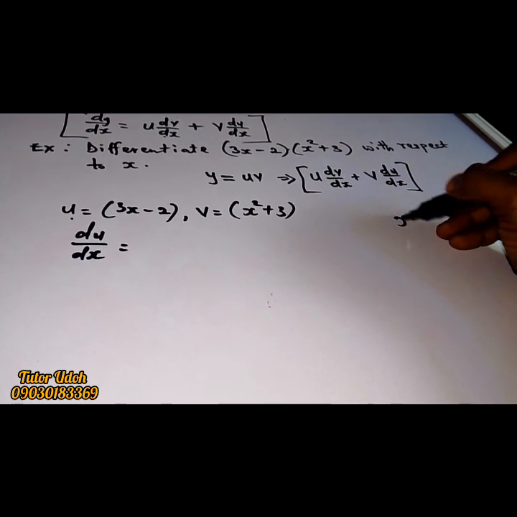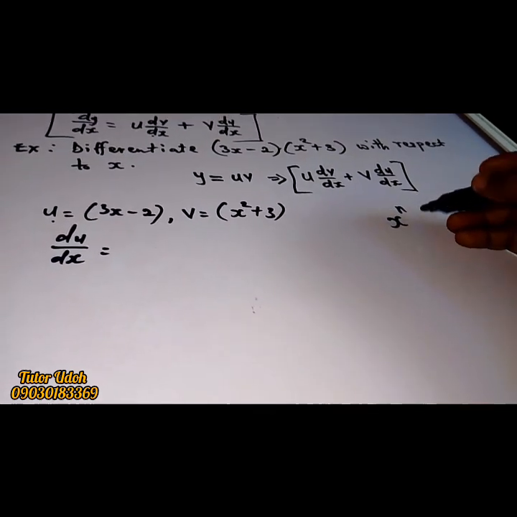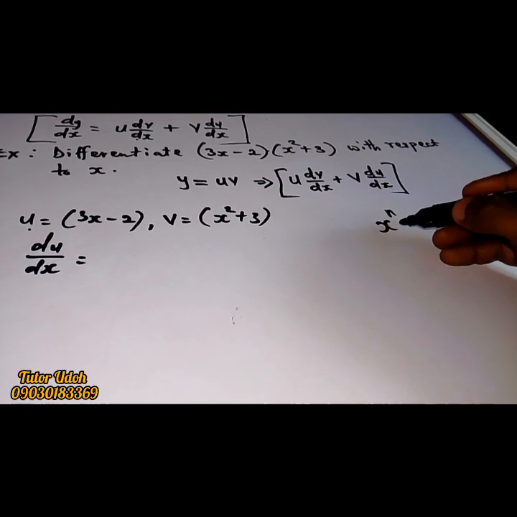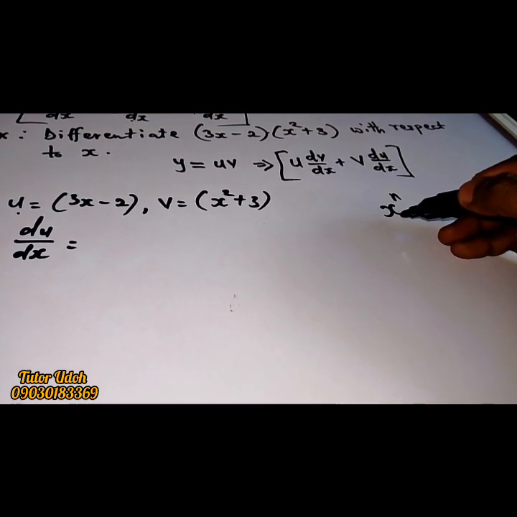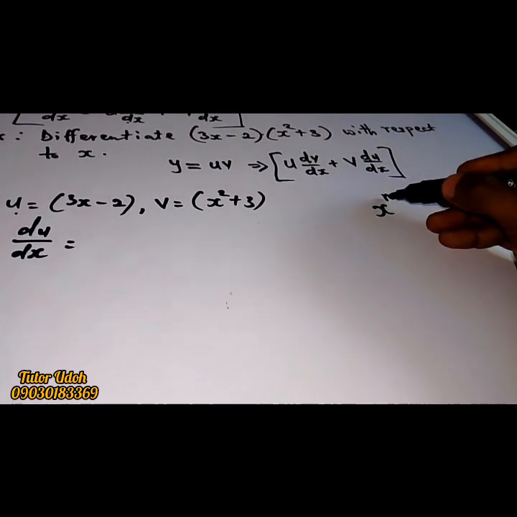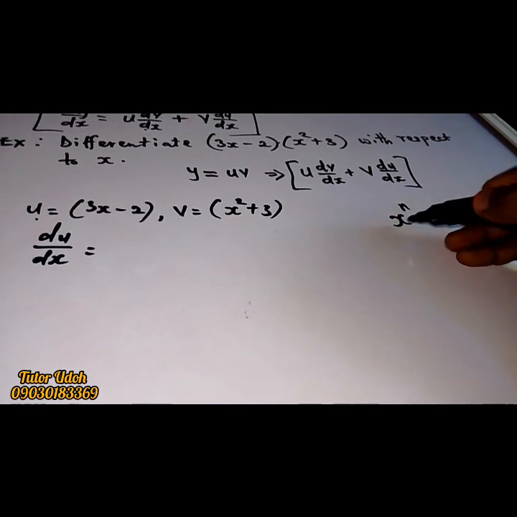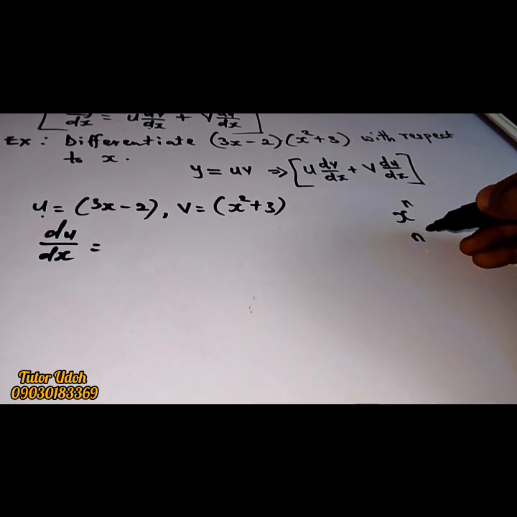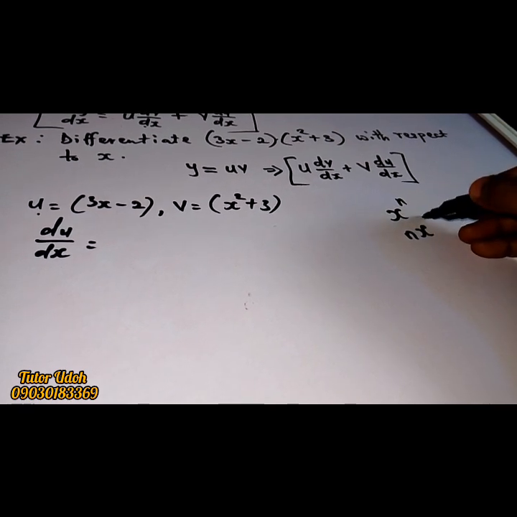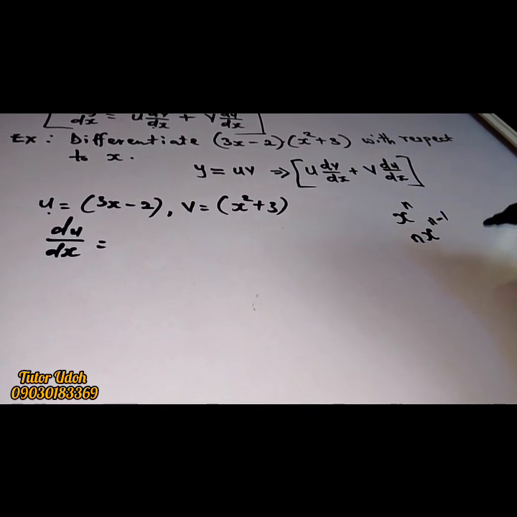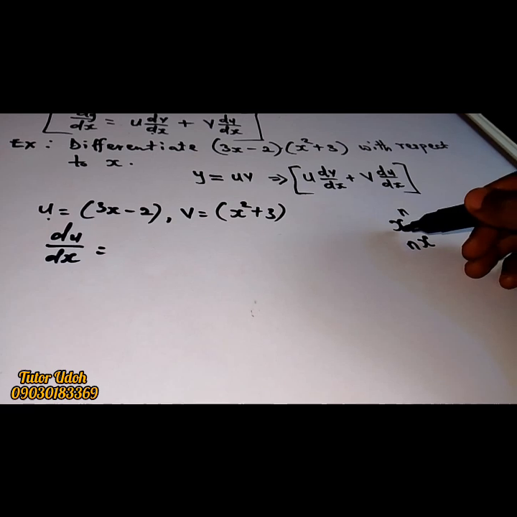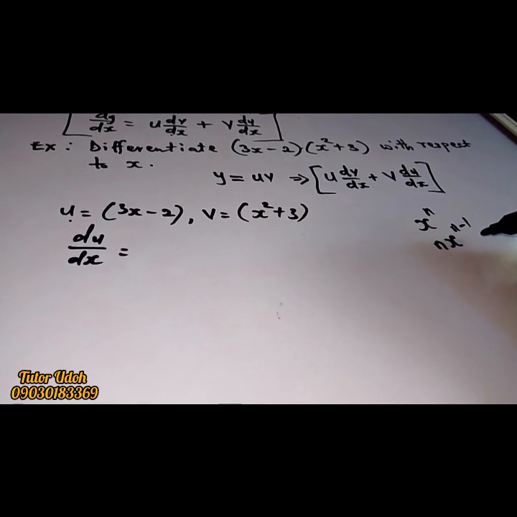If we have x raised to power n, and we want to find the derivative of this, according to the general rule, we simply multiply the power n by this x. So that will be n times x, then we subtract 1 from that power. Multiply the power by the x, then subtract 1 from the power.